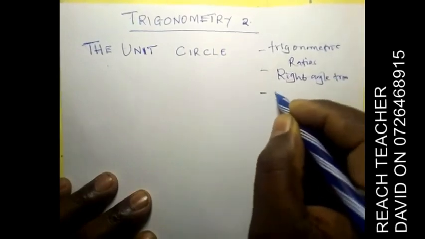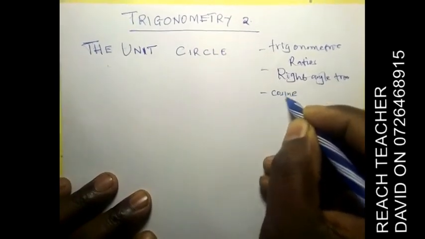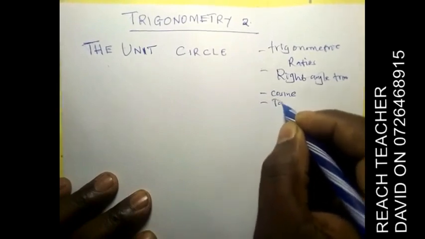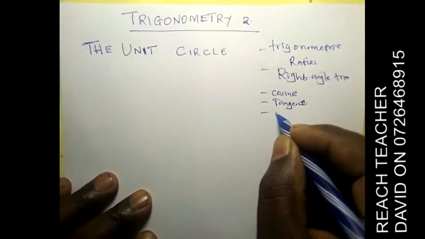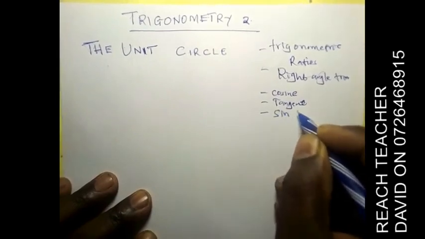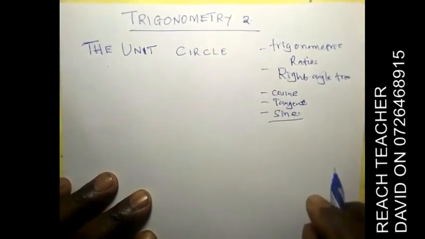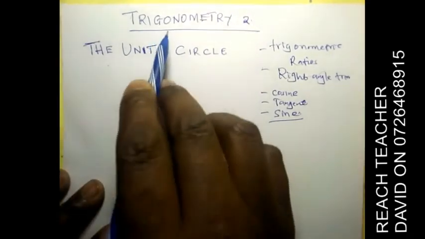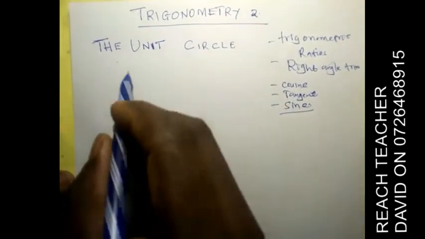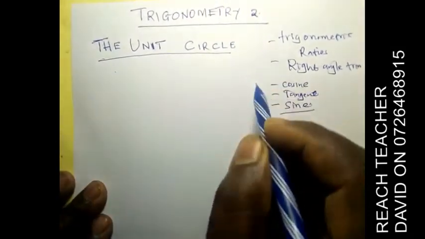So we talked about the cosine, the tangent, and the sine. So here in form 3 in trigonometry 2, we are going to use the unit circle.